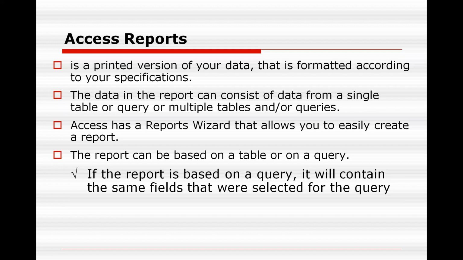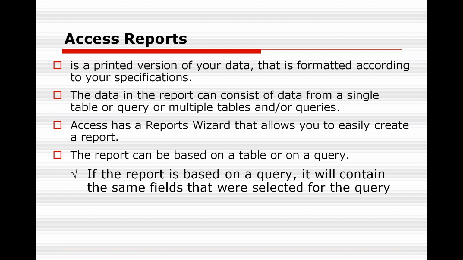Next one, Access reports. This is another object. It's a printed version of your data that is formatted according to your specifications. You can print your data from your database, right? For that, you can create a report to print data.